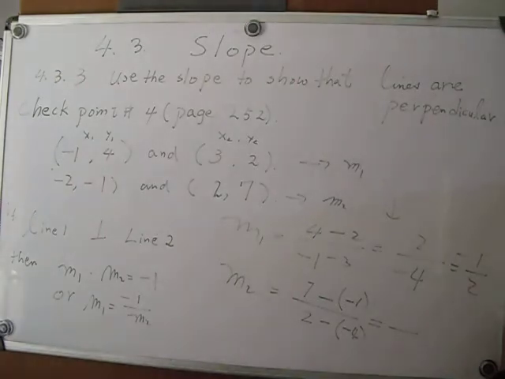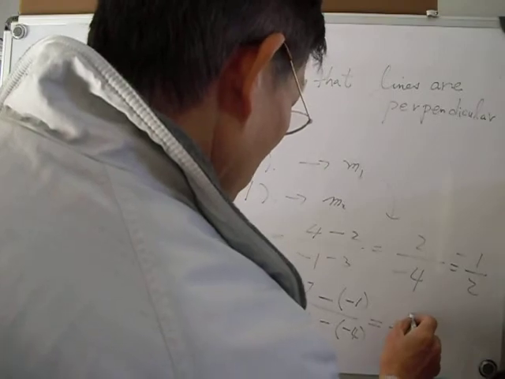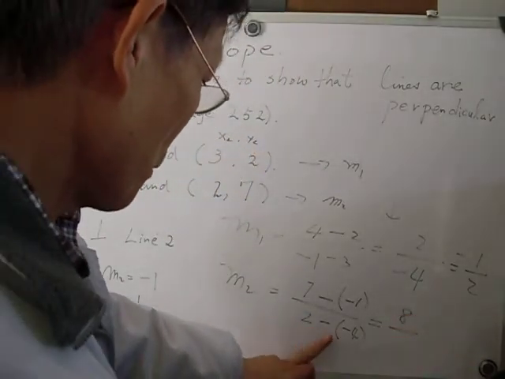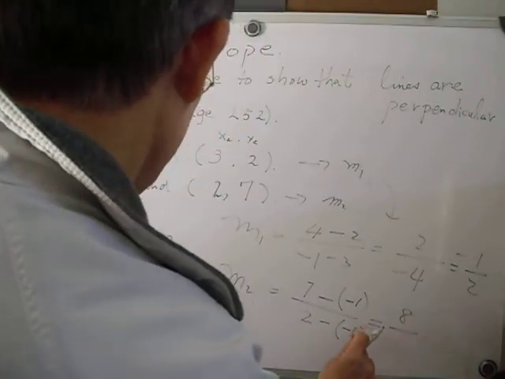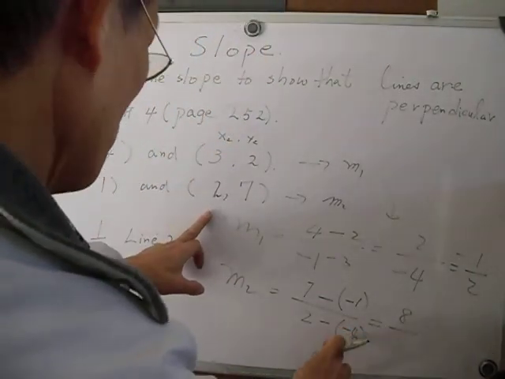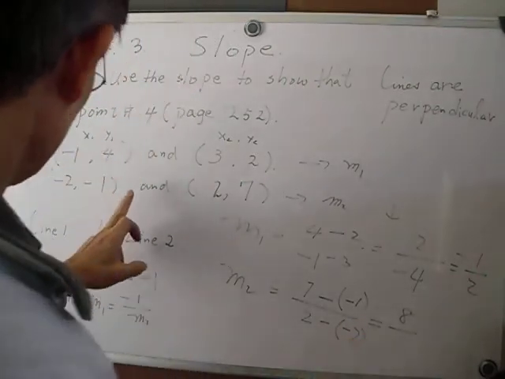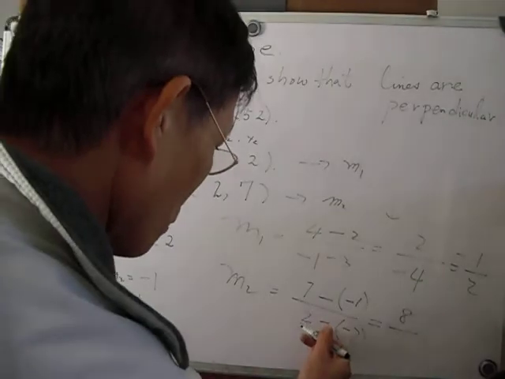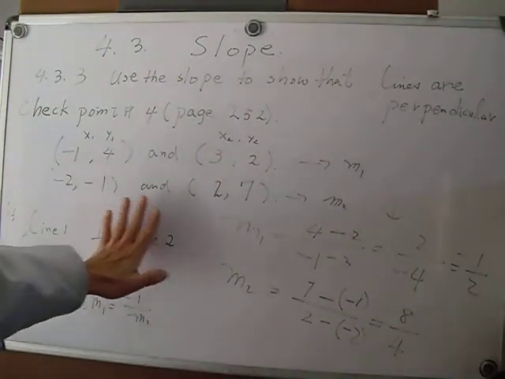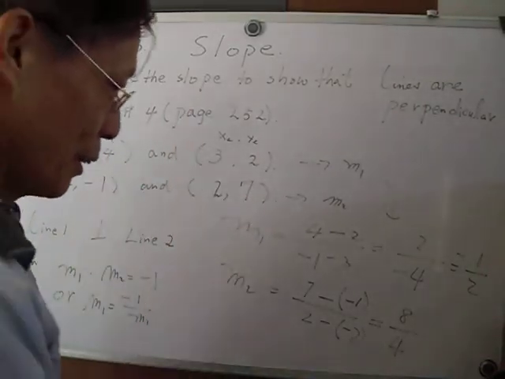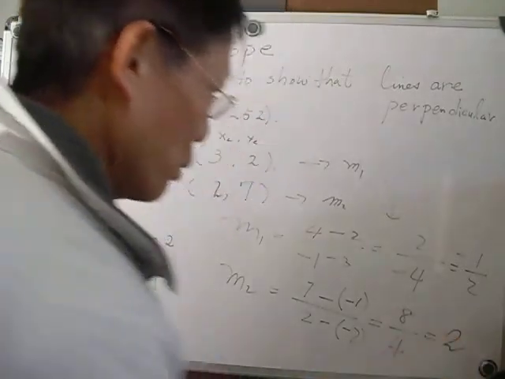Let's see. 7 subtract -1 will be 7 plus 1, 8. 2 subtract 4, let's see, oh, 2 subtract negative 2, that's not negative 4, it's negative 2 here. So 2 plus 2 is 4. Okay? Just need to copy everything correctly. My mistake. Now you get the slope of the second one is 2.